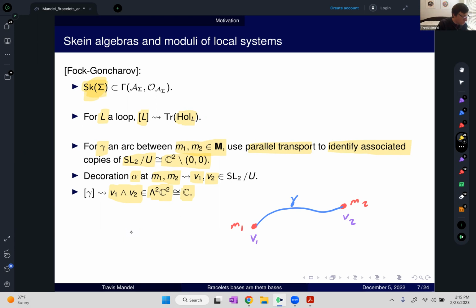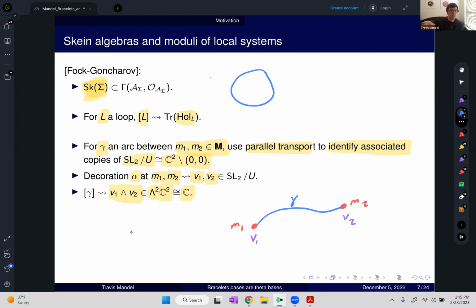And now a couple of subtleties to point out. Basically, why did we have the twisting? Where's that coming in? So what if you take just a contractible loop? So I said that in the skein algebra, a contractible loop should equal -2.